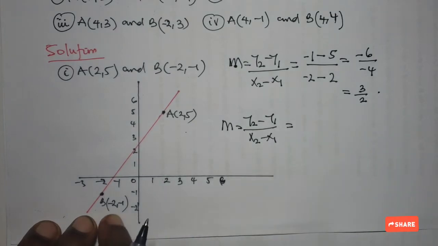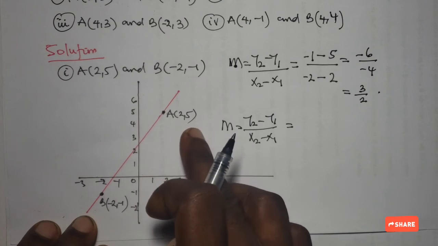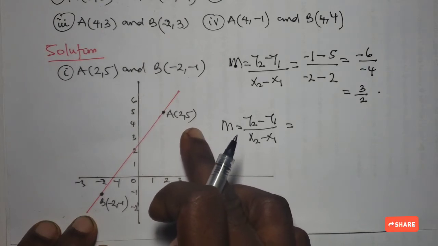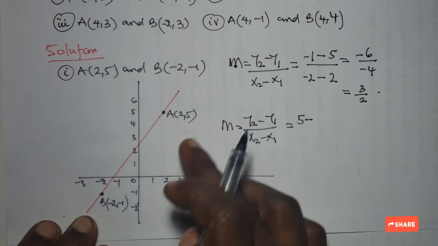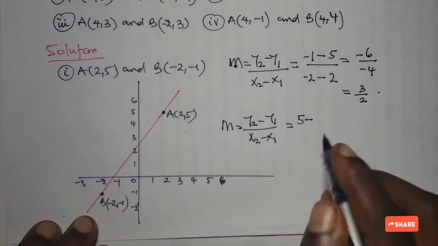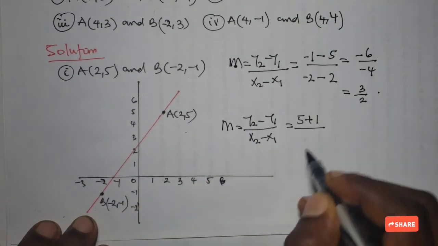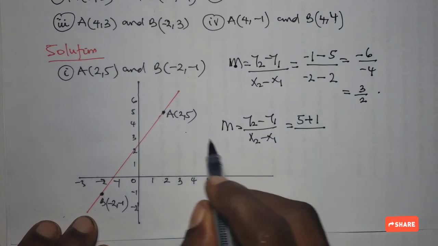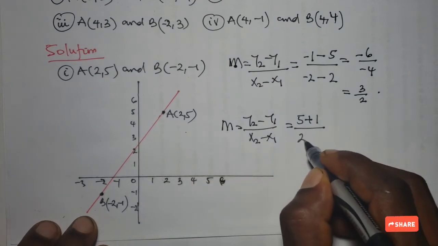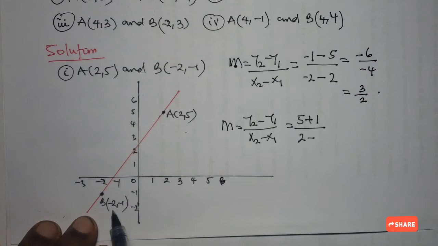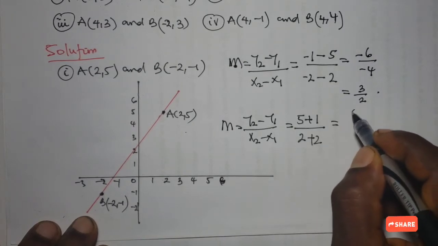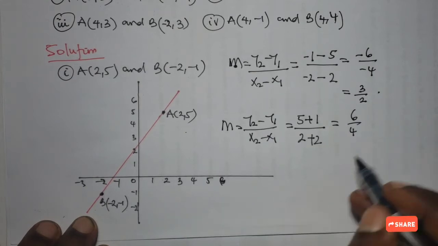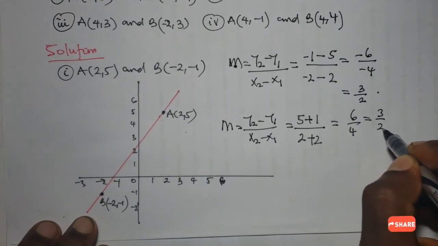But this time we're having X1, Y1 and then X2, Y2. So our Y2 is 5 minus Y1 is negative 1. So that is plus 1 here, all over our X2 is 2 minus our X1 is negative 2. So that is 2 plus 2. And this gives us 6 over 4, which again is 3 over 2.